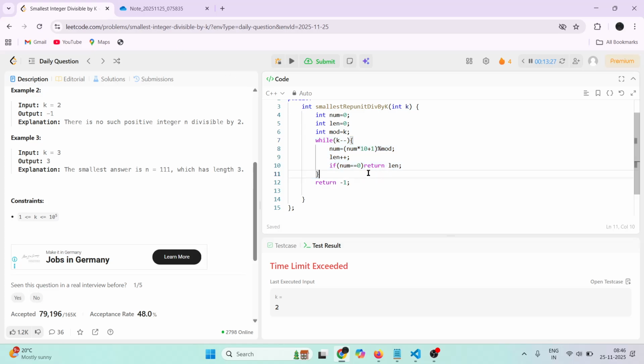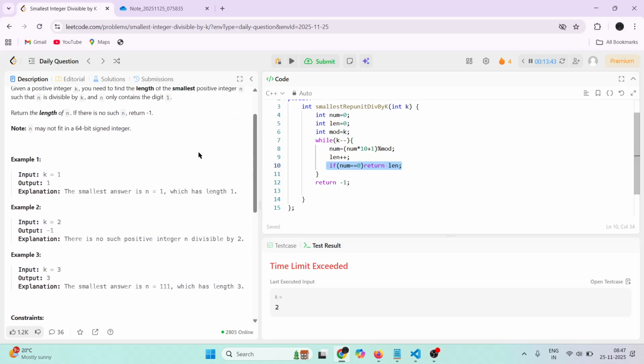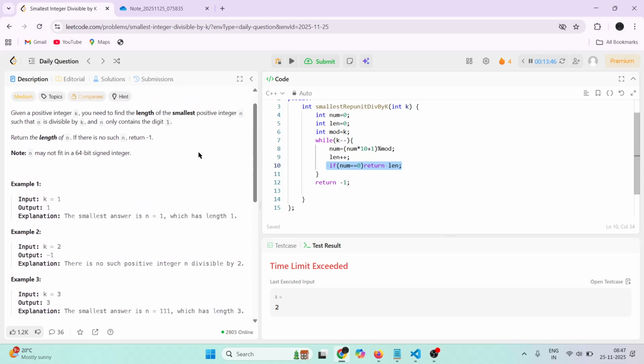The reason behind taking k here is that we have only 0 to k minus 1 possible. If we get k chances and still don't get 0, that means some value is repeating. Because if we got 0, we would have returned from here. I think you are clear.